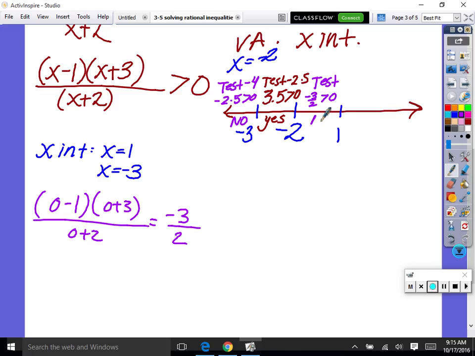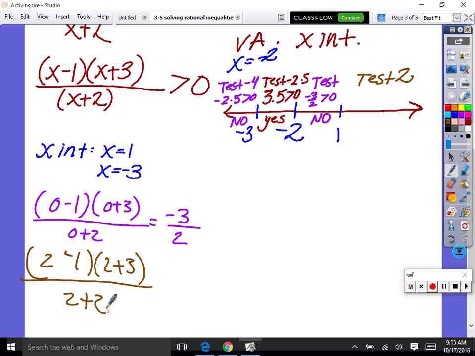No. So we say no, that interval is not in the answer. We're getting down to the end here. Let's test greater than 1. I tested 2, but any value will work. So plug in 2: 2 minus 1 times 2 plus 3, all over 2 plus 2. Well, that's going to be positive, right? So we don't even have to calculate, we can say yes.